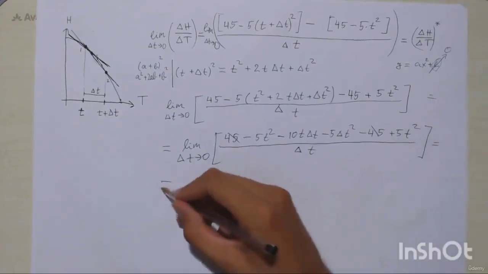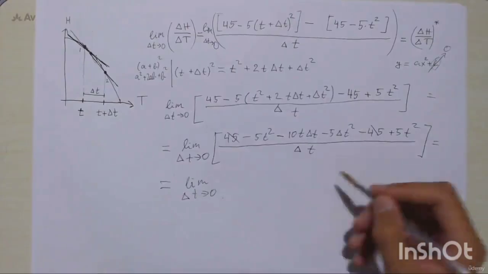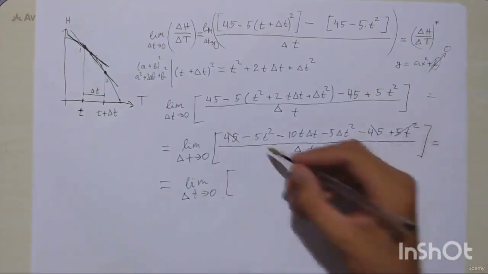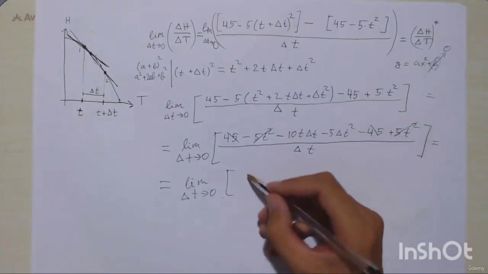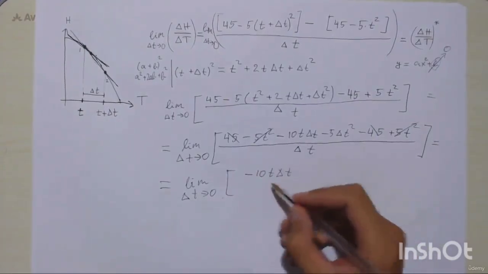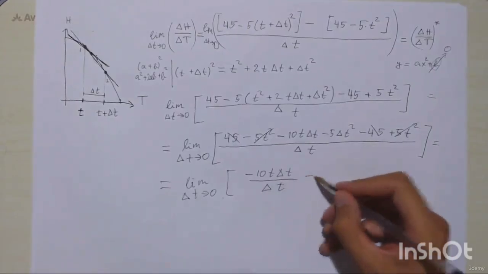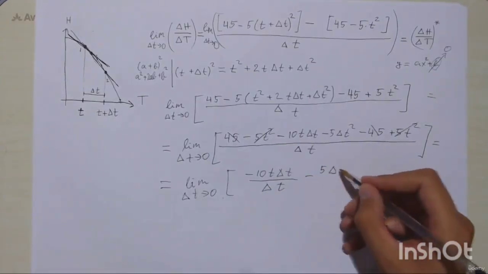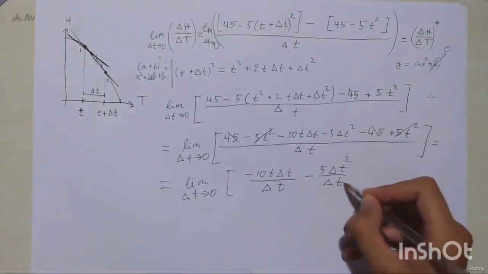Okay, let's continue. Limit delta t approaches 0, and by the way, these two will also cancel out, so you're only left with minus 10t delta t, and I can also just write it down like this. I can separate them. Minus 5 delta t squared divided by delta t.